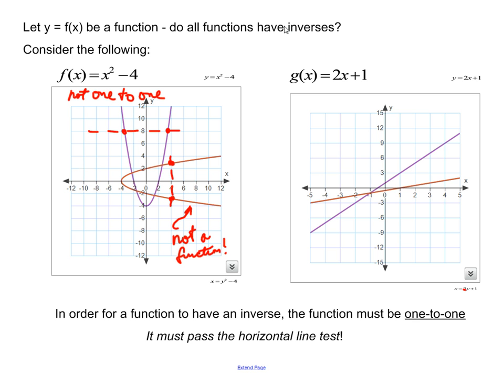Our function to the right over here, yes, this is a one-to-one function, because if we pass a horizontal line through the graph of the function, we only get one and only one value of x corresponding to any given value of y. So we define this as being a one-to-one function, which means that it does have an inverse. The only time that we have an inverse function is when we have a one-to-one function. All right, more to come in the next few videos.